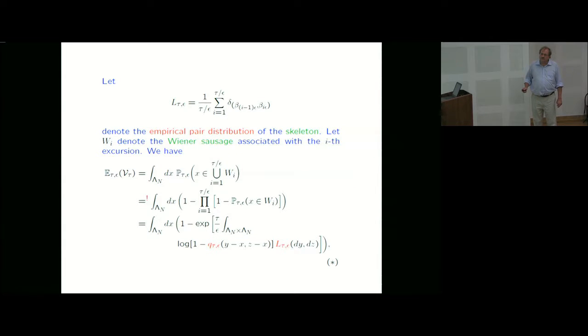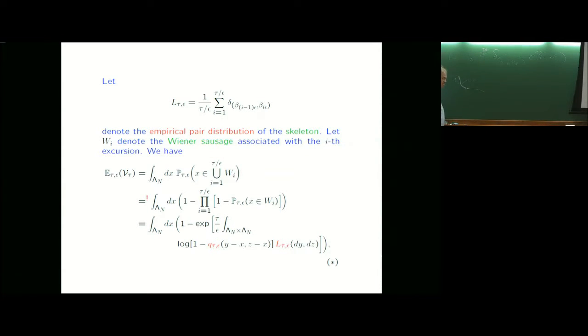Now, what is very important to note is that these pieces of Wiener sausage between the different excursions are independent, given that I fix the skeleton. So if I fix the skeleton points, this is simply a Brownian bridge that in time epsilon has to run from here to there.